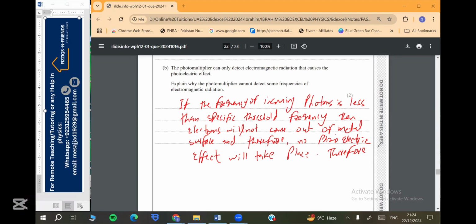Therefore, the PMT or photomultiplier tube will not detect any light. Okay?